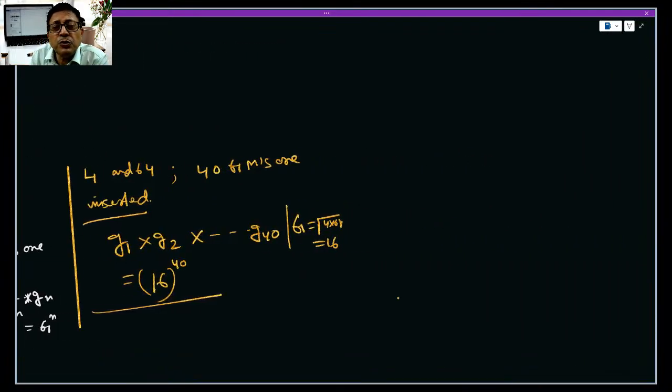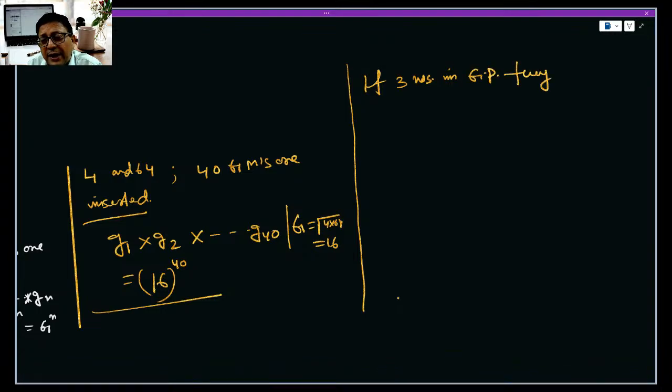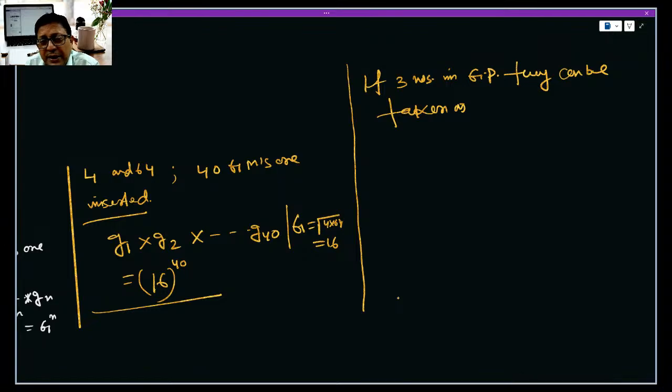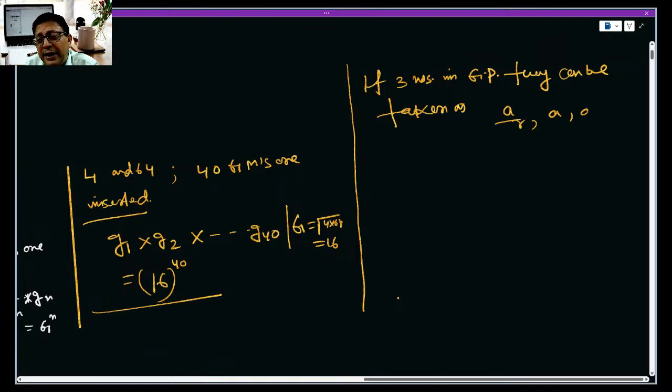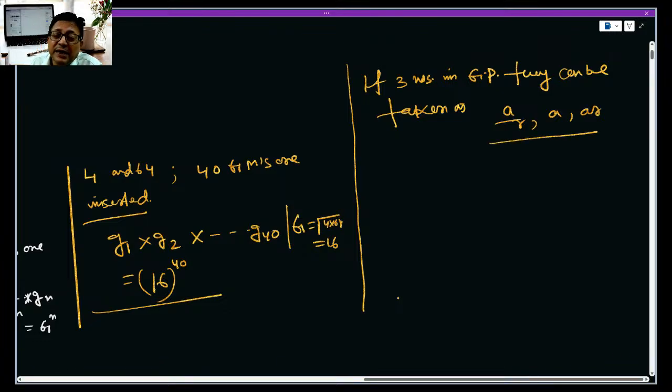Probably I have also told you, if three numbers are in GP, they can be taken as A by R, A, AR. Why? Because their product will be a cube then.